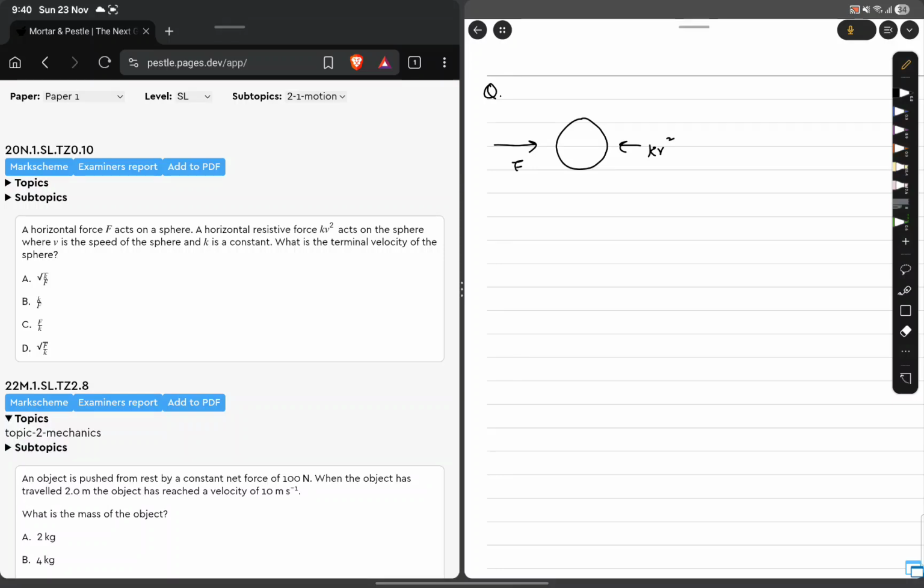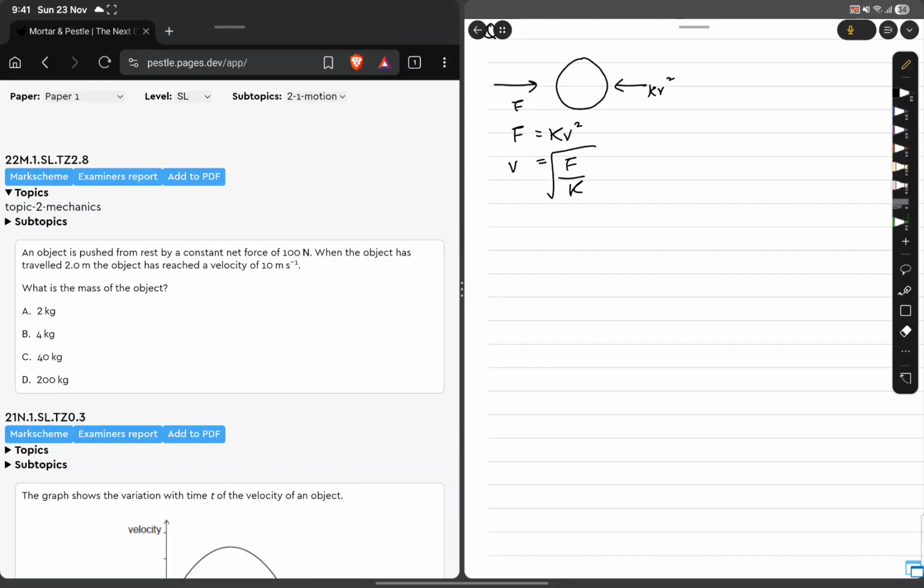One thing you've got to realize is if you want to find the terminal velocity as it's given in the question, we've got to equate them. So it's F is equal to kV squared. Then we isolate V. That's it, which is D.